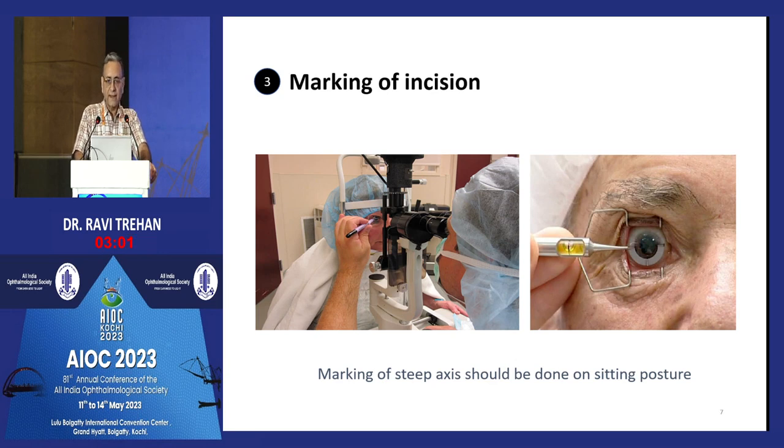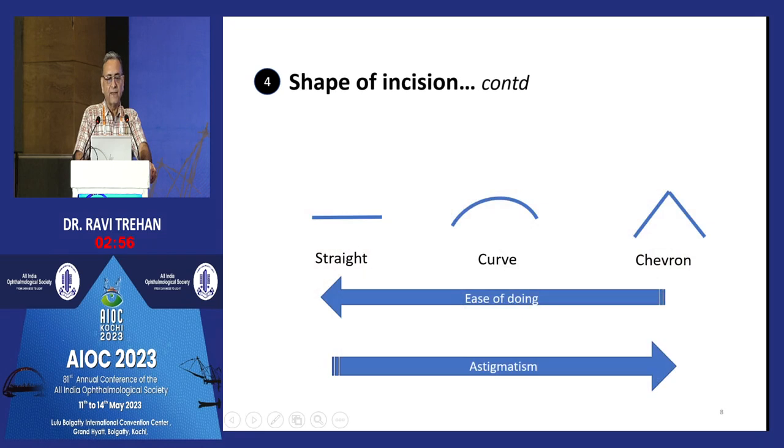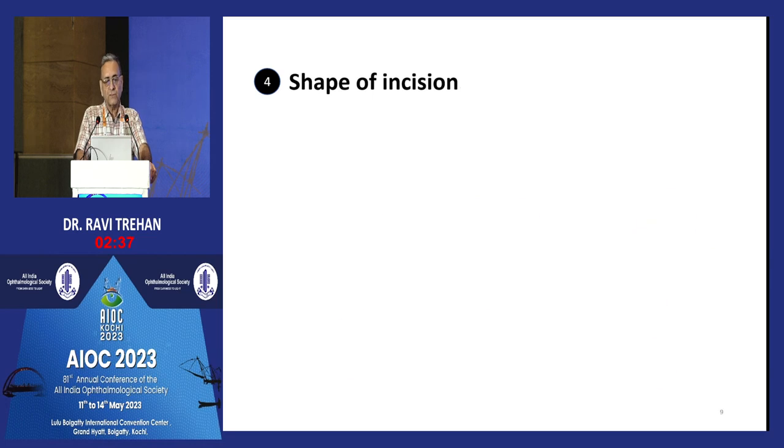If you do it lying down, then there will be a problem. Shape of incision is straight, curve, and chevron. Beginners must go for straight and gradually move to chevron. But if you want to correct large astigmatism, you have to go for straight. And if you want to induce very little astigmatism, you have to go for chevron.